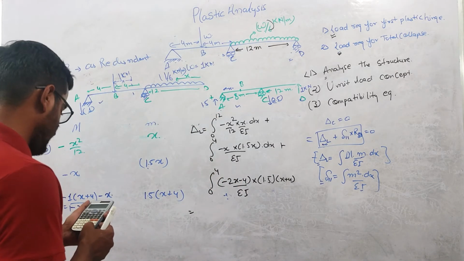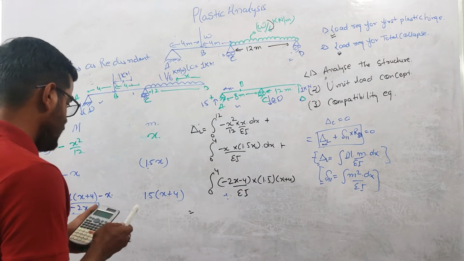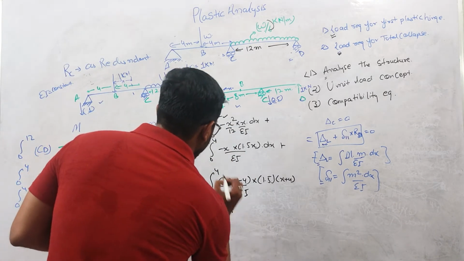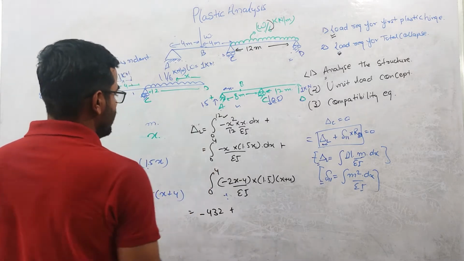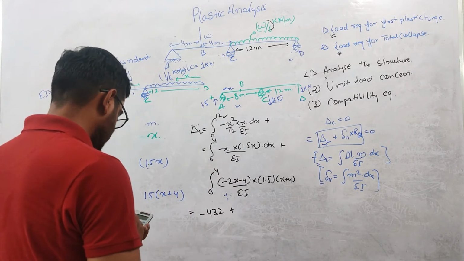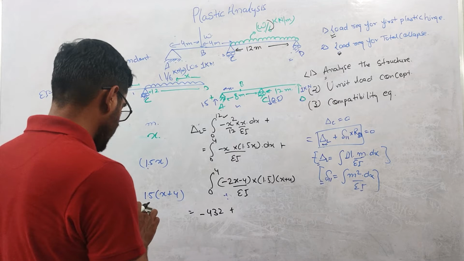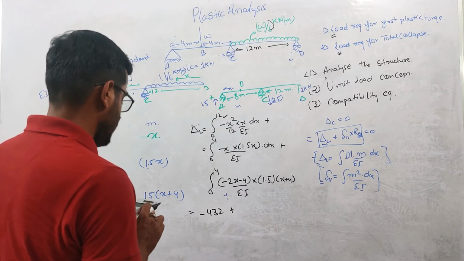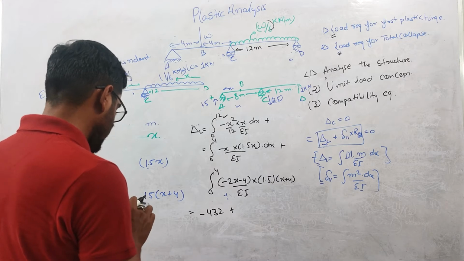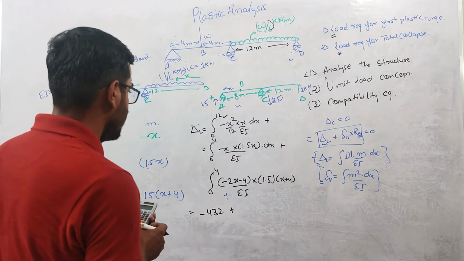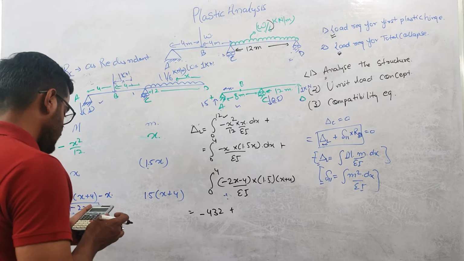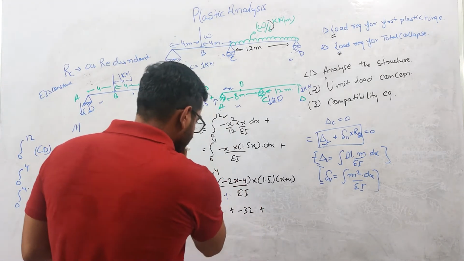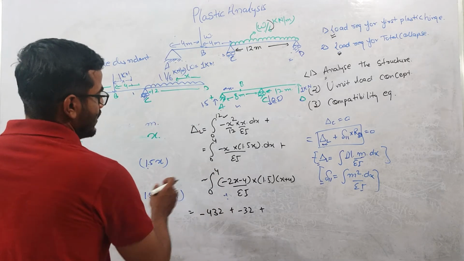So this value comes out to be minus 432 plus, now we are calculating this value. So again 0 to 4 minus x into 1.5 x. So this value is minus 32 and plus, now we are calculating the integration value of this integration.